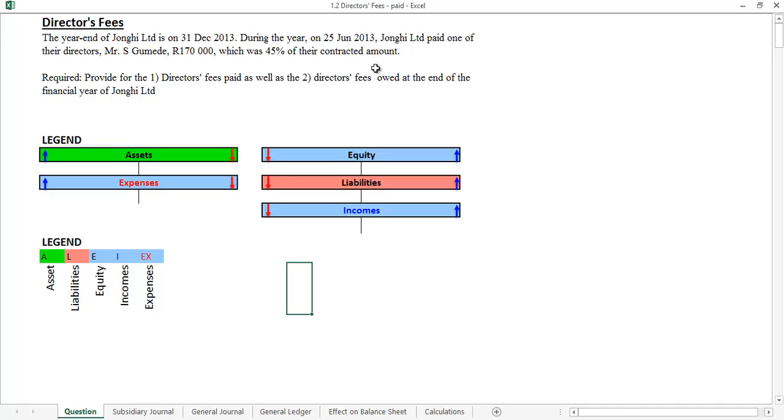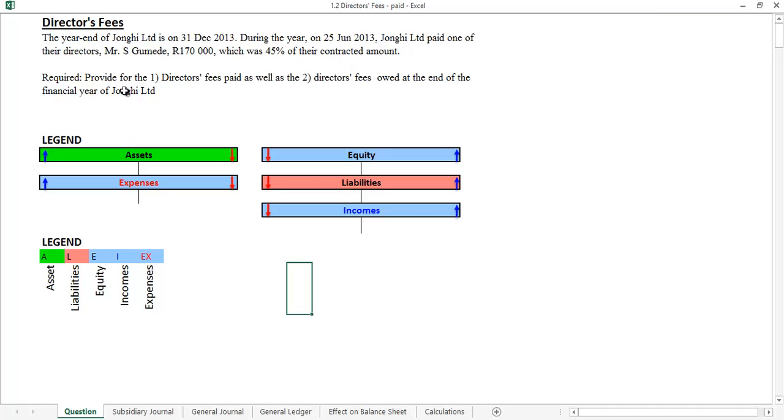Right, so you'll remember directors get paid certain directors' fees that are agreed with them in a contract, and also there's a remuneration committee that is established that looks after the remuneration of directors to make sure that it's not too much and also not too little. So they've determined that Mr. S. Gumede should get a certain amount in his contract, and this 170,000 Rand that's been paid to Mr. Gumede represents 45% of that contracted amount.